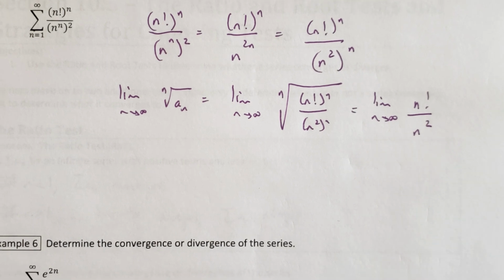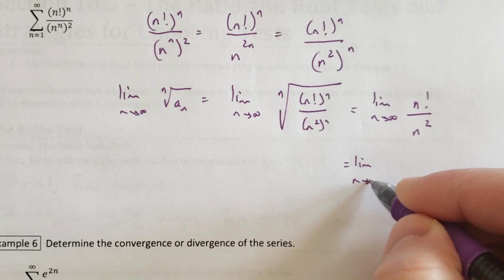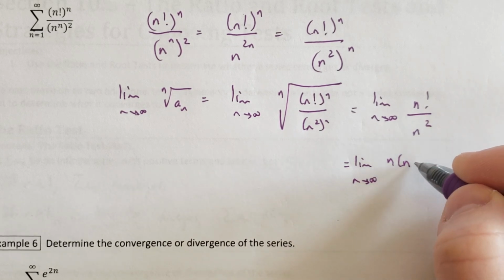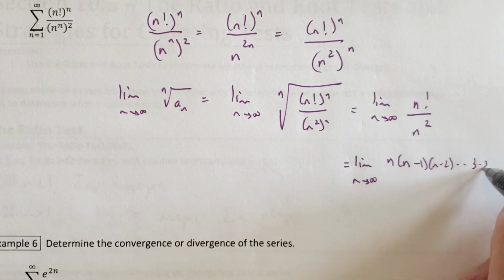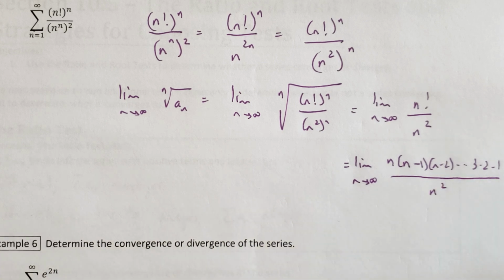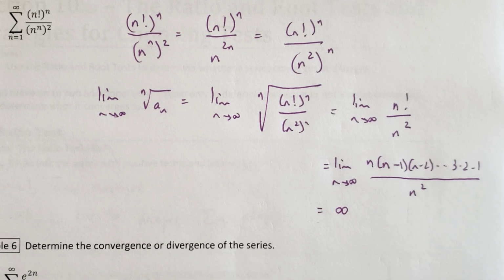And if we look at this one here, this should be fairly obvious. The numerator is an nth degree, right? n times n minus 1 times n minus 2 times etc. 3 times 2 times 1. The denominator is just n squared. And so that is definitely infinity. That diverges.